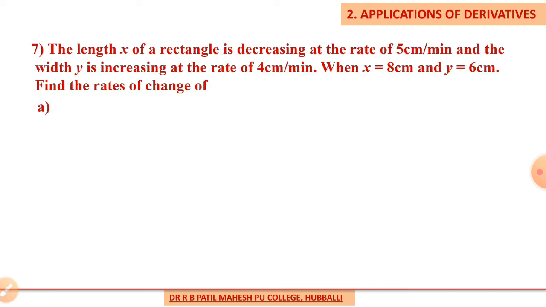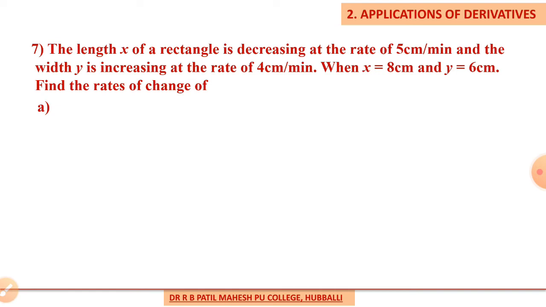Next, example number 7. The length x of a rectangle is decreasing at the rate of 5 cm per minute, and the width y is increasing at the rate of 4 cm per minute.